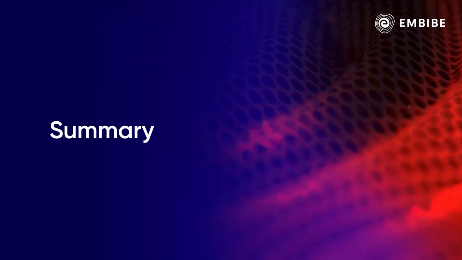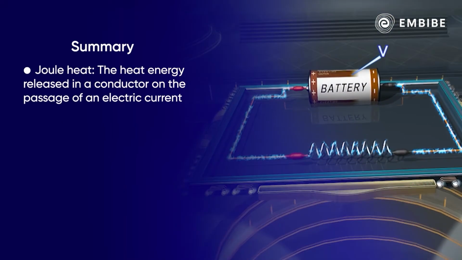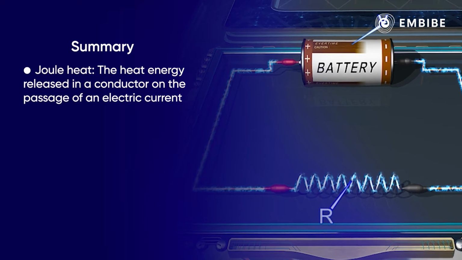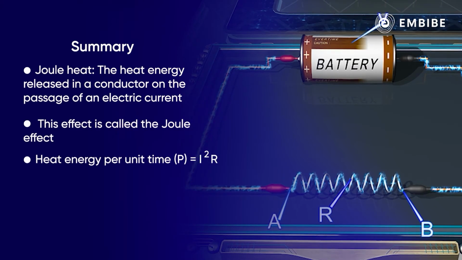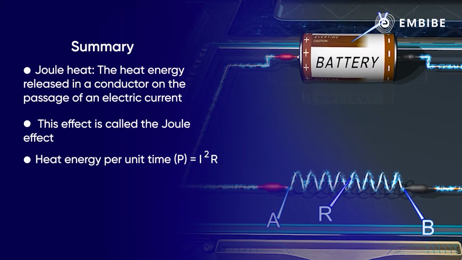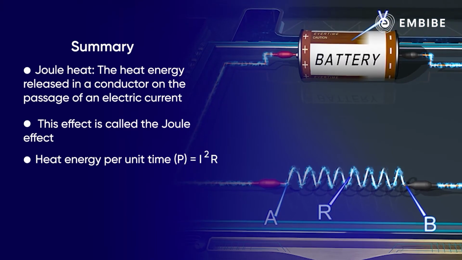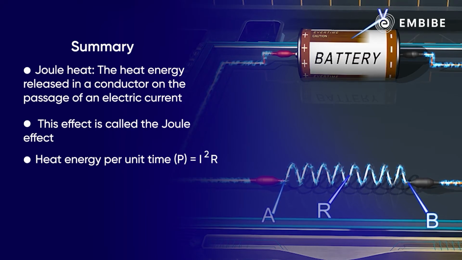Summarizing everything, we can say that the heat energy released in a conductor on passage of electric current is called Joule heat, and the effect is called the Joule effect. The heat energy released per unit time is expressed as the product of the square of electric current and the magnitude of the resistance of the circuit.